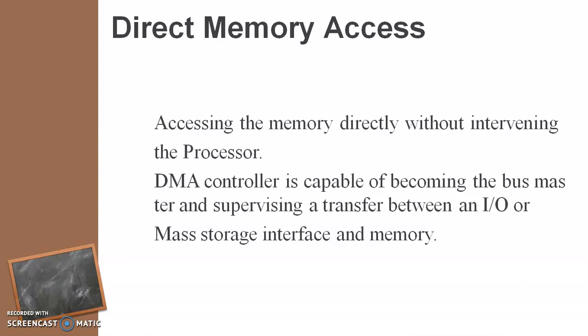If these three are being handled by the hardware, then it could transfer the data without bypassing the processor. It can monitor the data transfer that takes place between an IO device and a memory or between two memories. That is the work of the direct memory access controller.